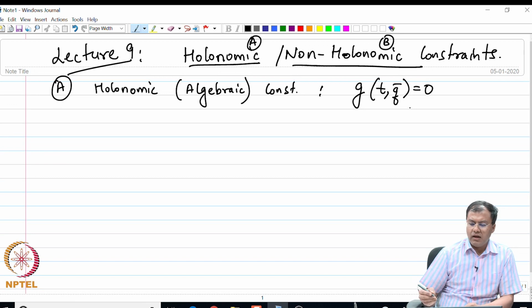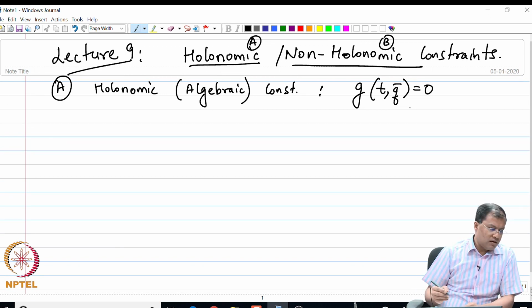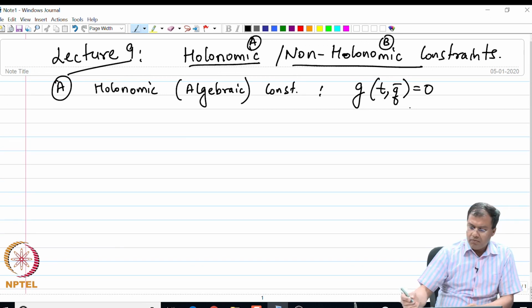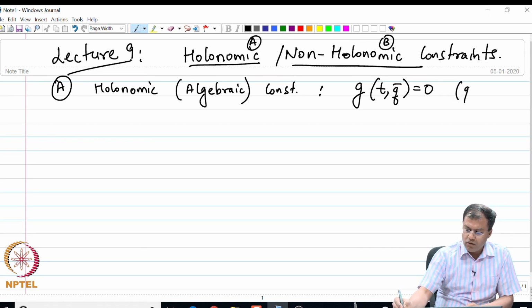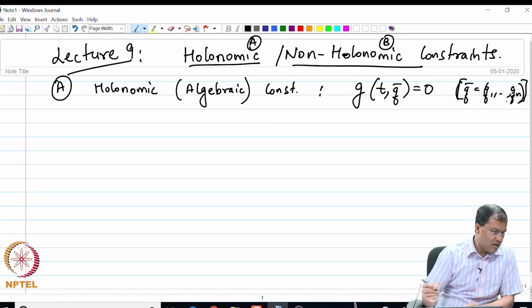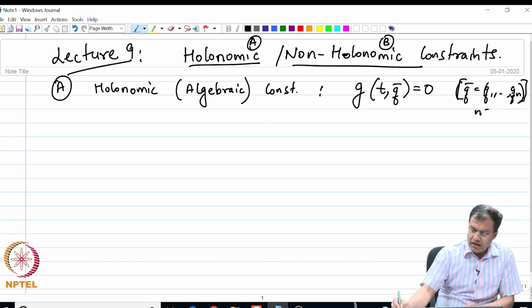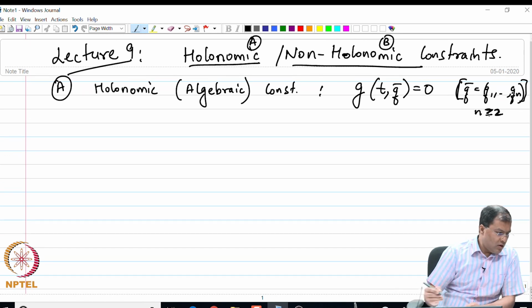So, these are all algebraic relations between the various components of q bar and t, where q bar in general is a vector. So, I see that n is greater than or equal to 2.